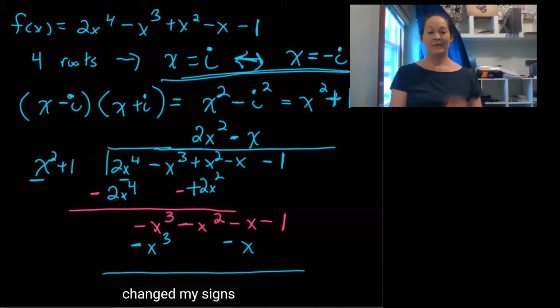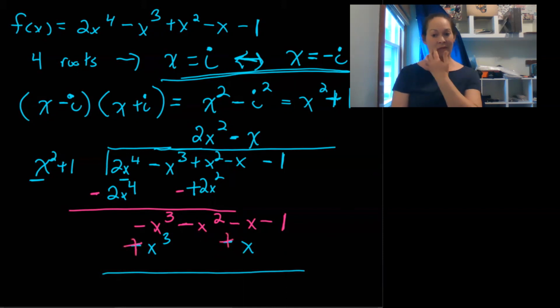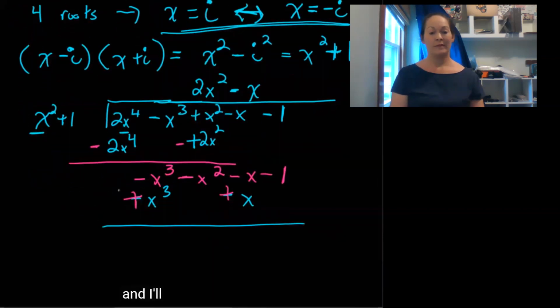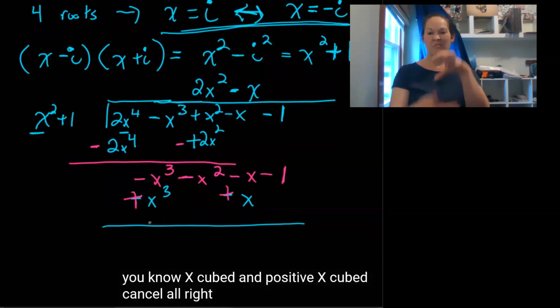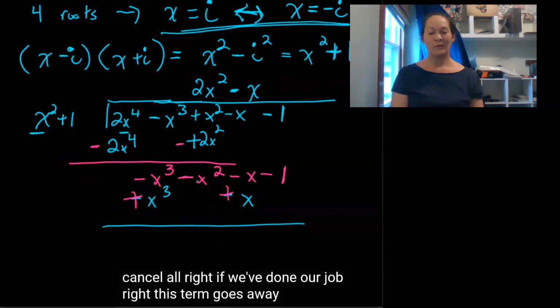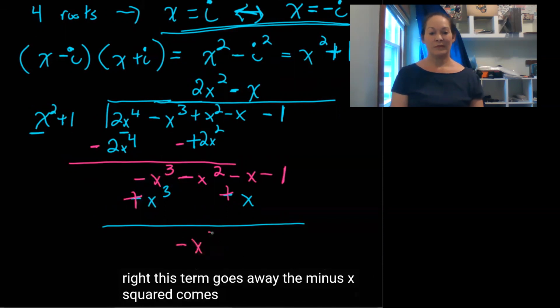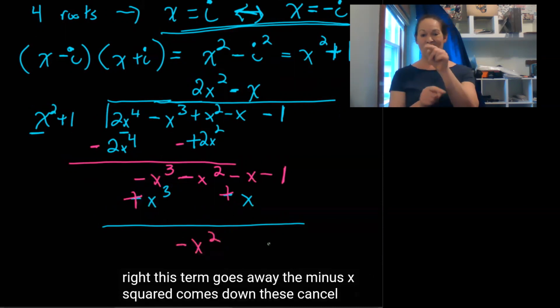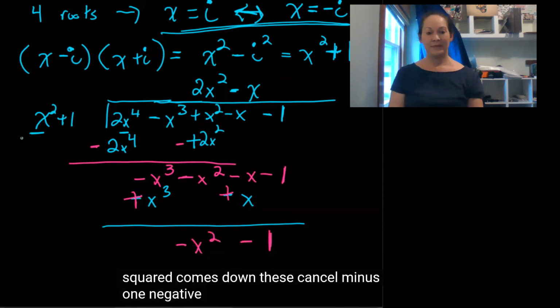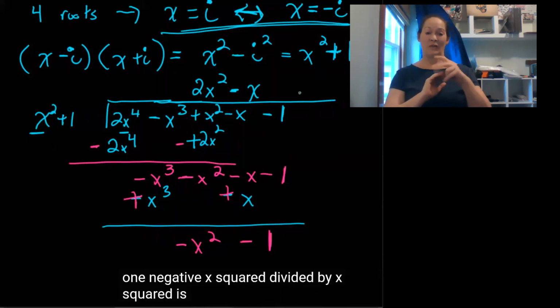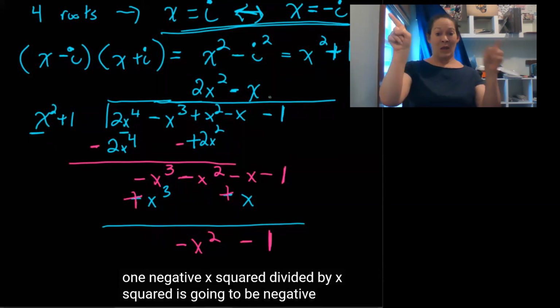I change my signs and I'll continue my division here. Negative x cubed and positive x cubed cancel, right? If we've done our job right, this term goes away. The minus x squared comes down. These cancel. Minus 1. Negative x squared divided by x squared is going to be negative 1.